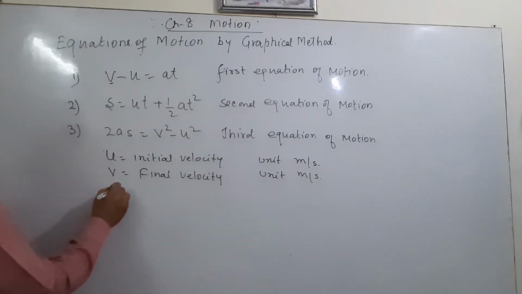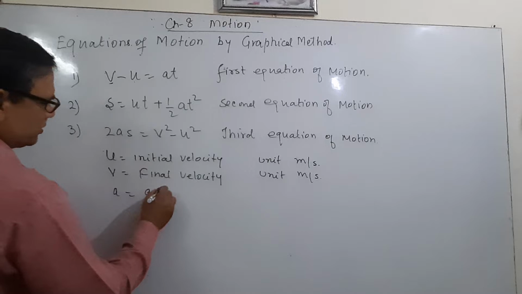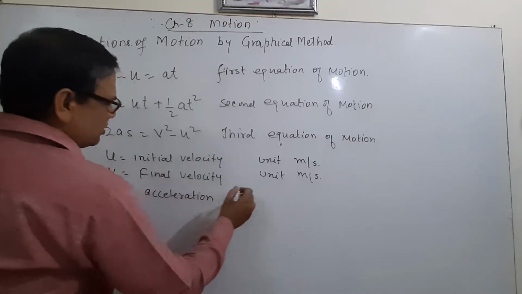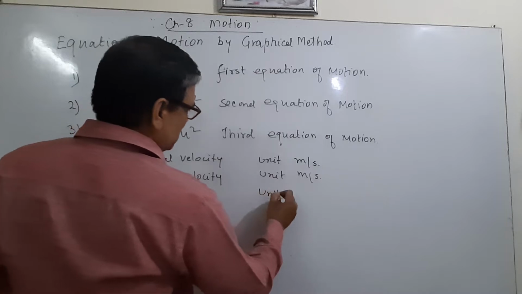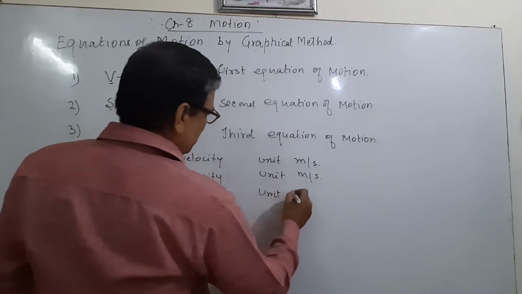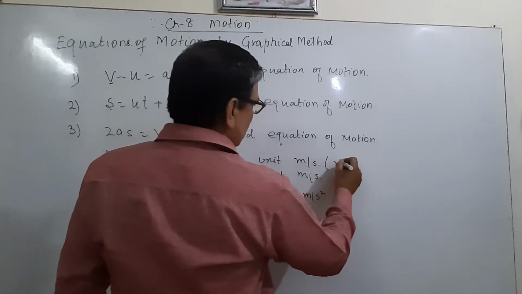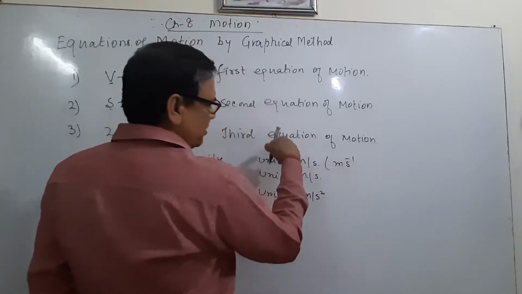Third, a is acceleration, unit is meter per second square, and this we can write as m s to the power minus 2.